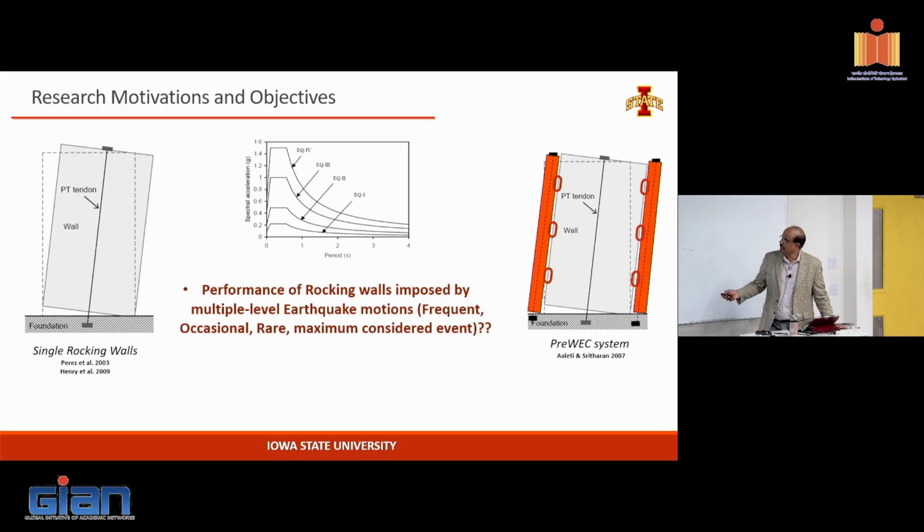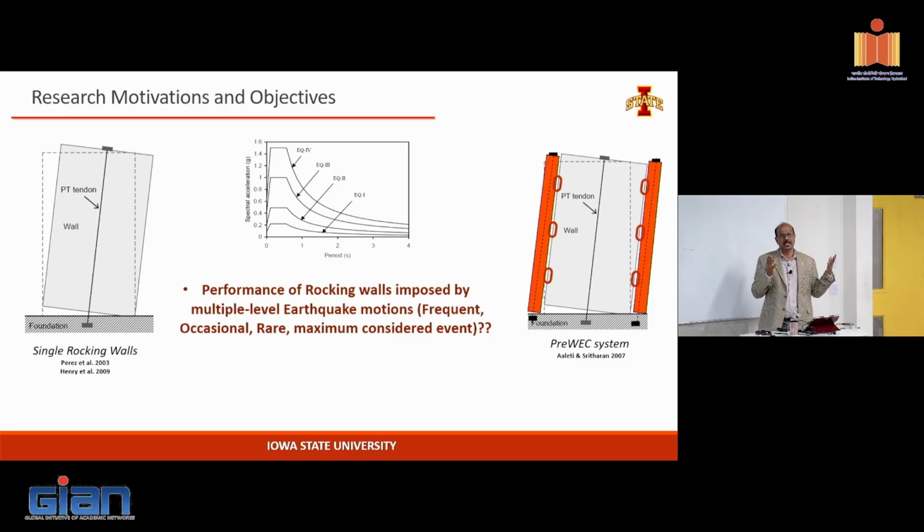You also see EQ1 and EQ2, those are more service level type of earthquake. So if you have a service level, like a frequent event that is a concern, you should be looking at EQ2 and making sure. So for example, you could choose not to have the connectors activated if it's an EQ2 level motion.